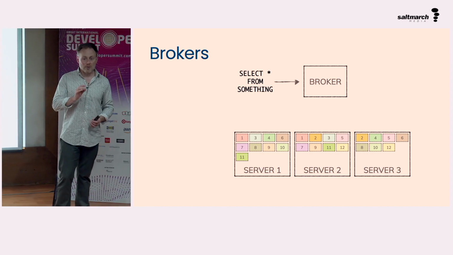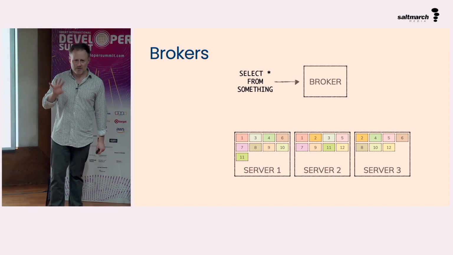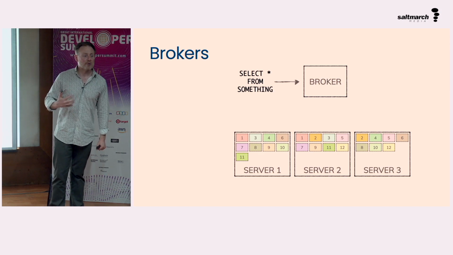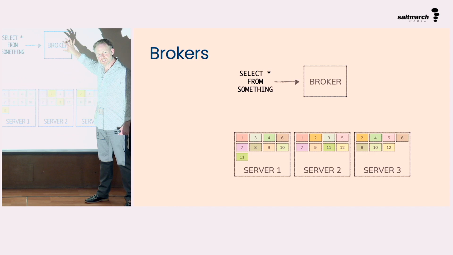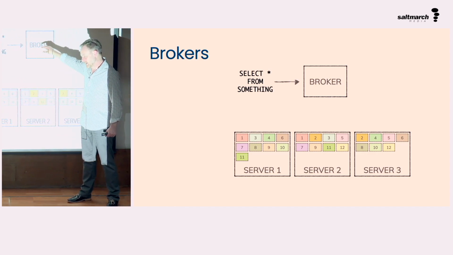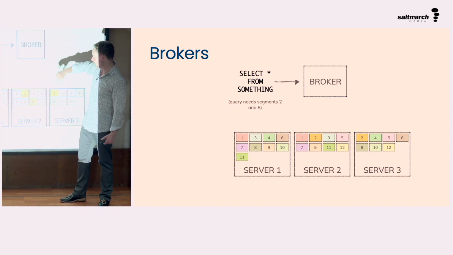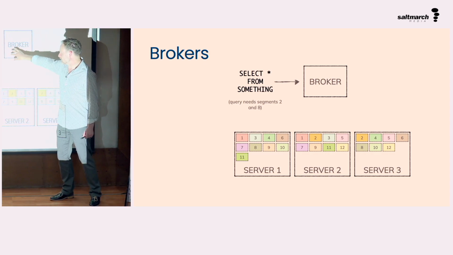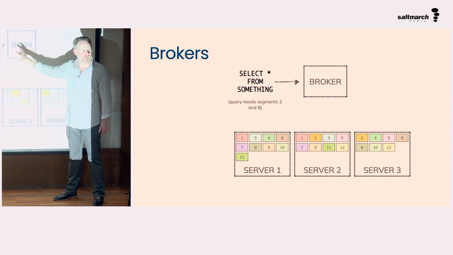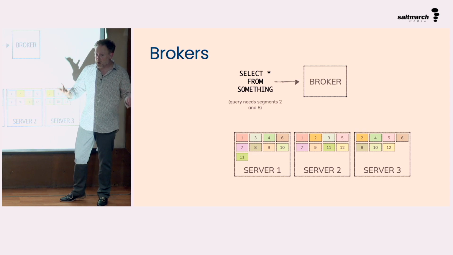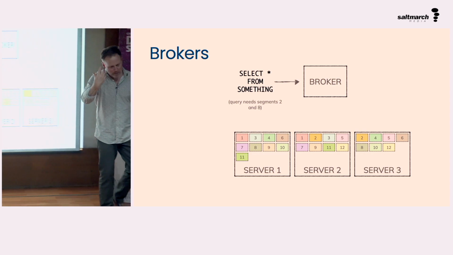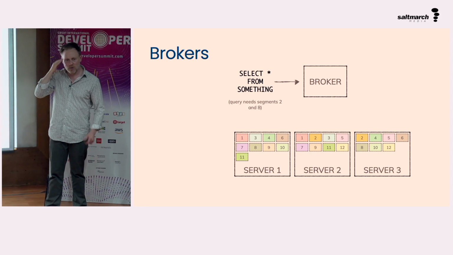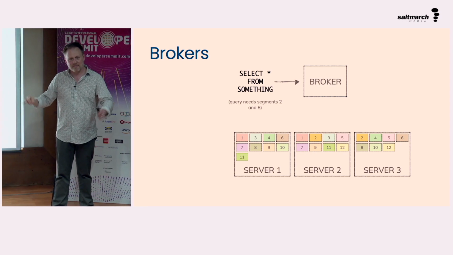There's a real deep dive topic in Pinot, worth its own hour-long talk, called query routing, that deals with how the broker intelligently uses that metadata. A query comes in, and the broker looks at the query, looks at what it knows about the segments, and says, I need segments 2 and 8, just based on what's in the where clause, what I know about time, any other clues I've got to go with.